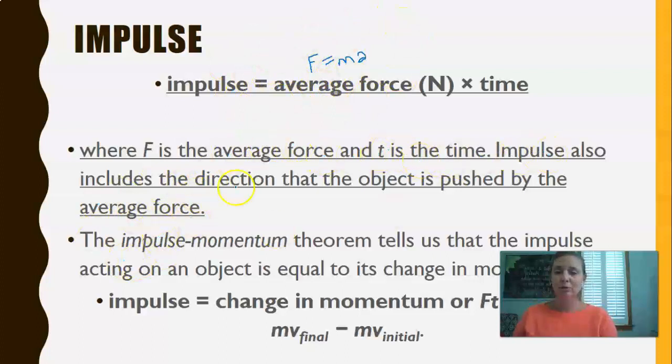Impulse also includes the direction that an object is pushed by the average force. And that's really important, that direction, meaning that there could be two objects coming at each other and they're going to collide at some point, and they don't just stop. Normally there's energy that's pushed one way or the other. So think football. Football is a great example of this.